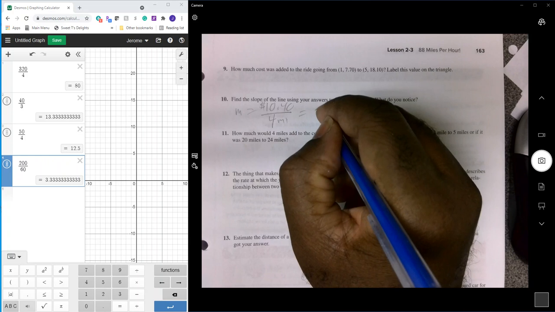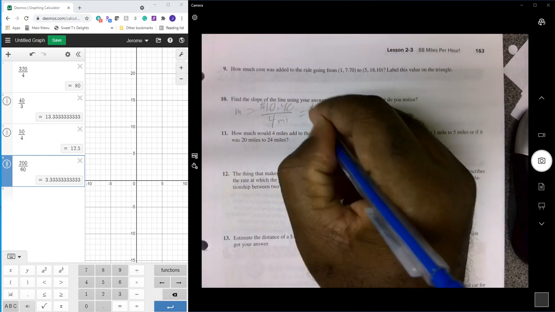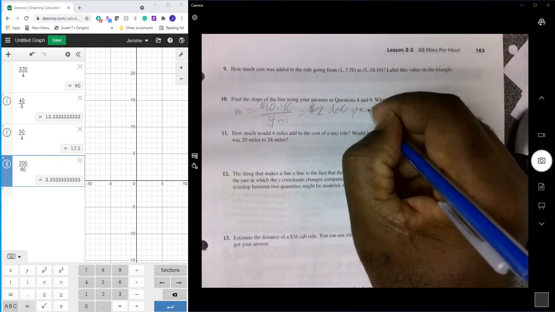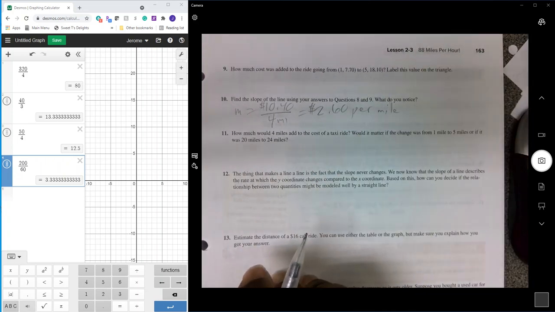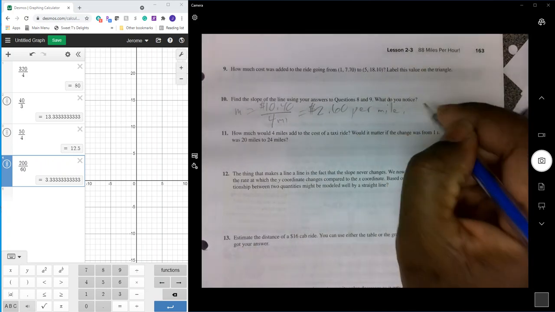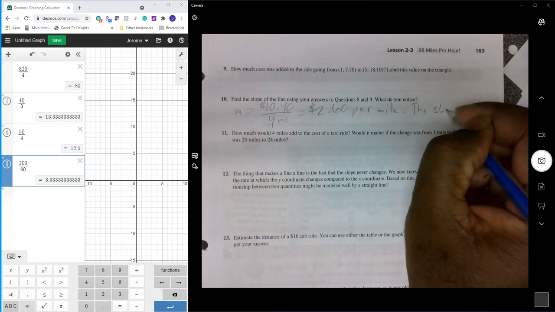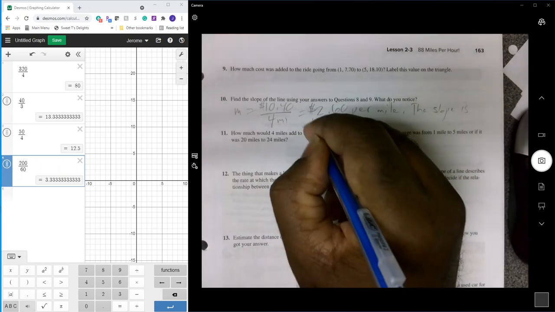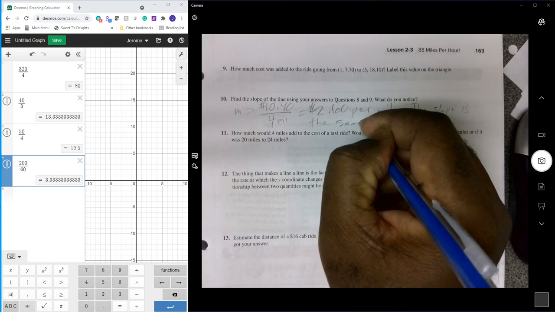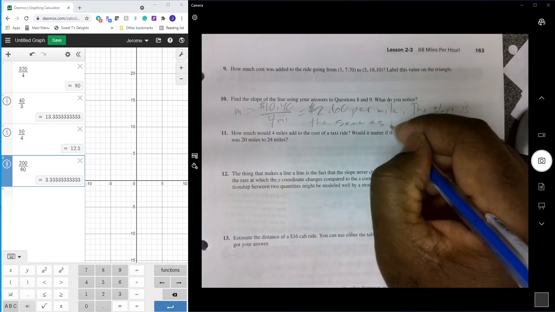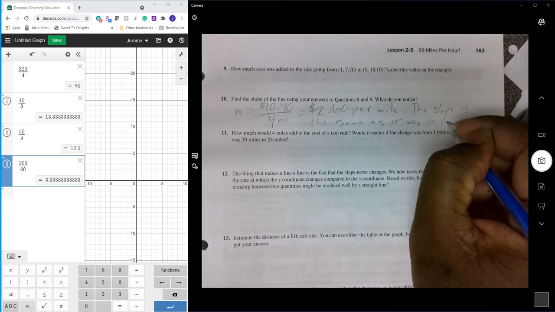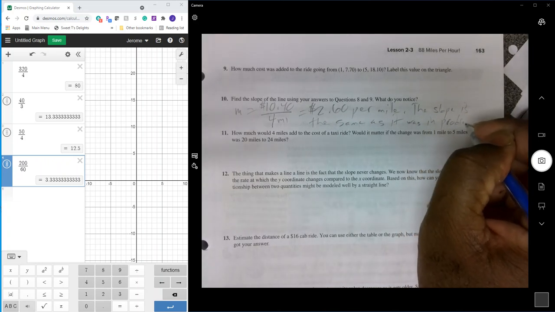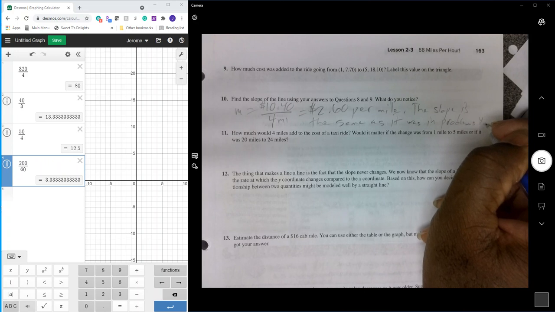When we divide these two, it'll give us $2.60 per mile. It says, what do you notice? The slope is the same as it was in problems 4 and 6.